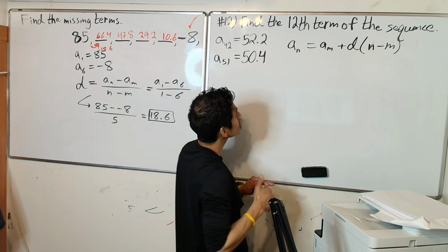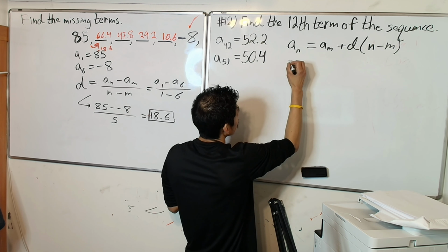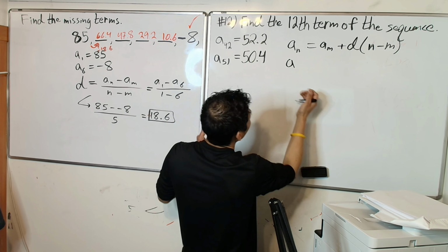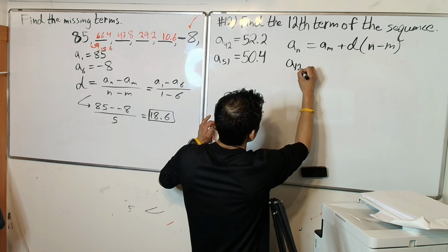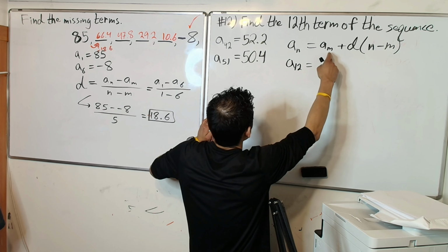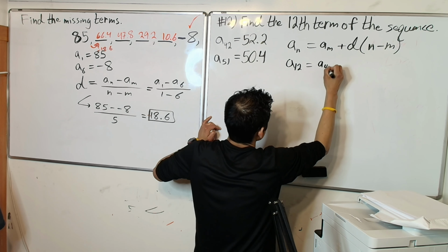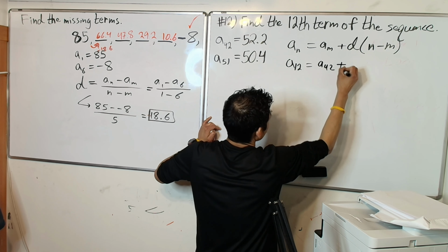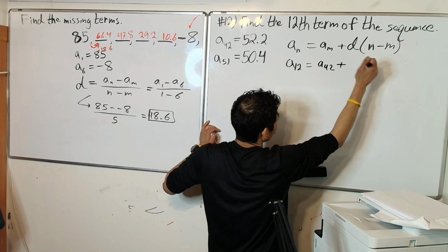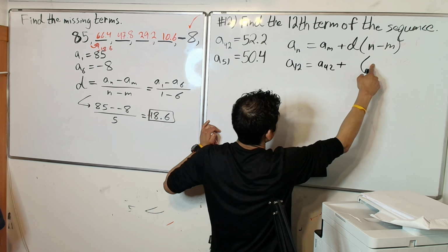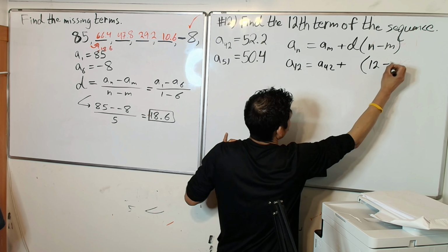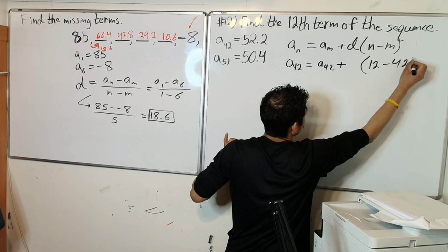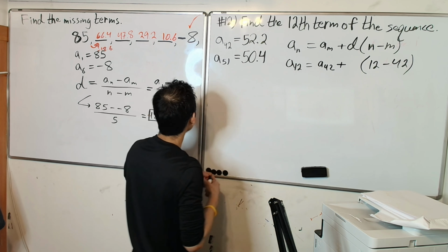an is going to be a12, and we can use a42, so m will be 42. So we need to find d, and then we can use n as 12 and m as 42. We need to find the common difference first.